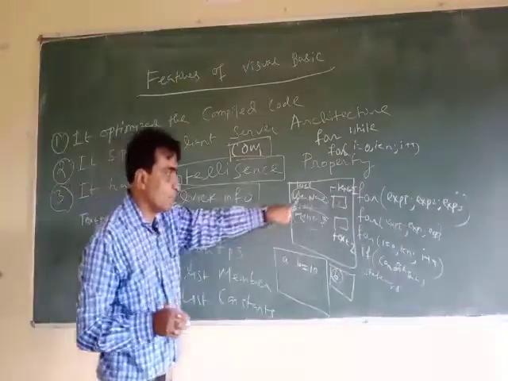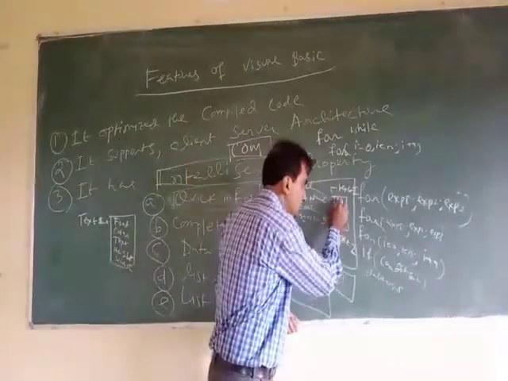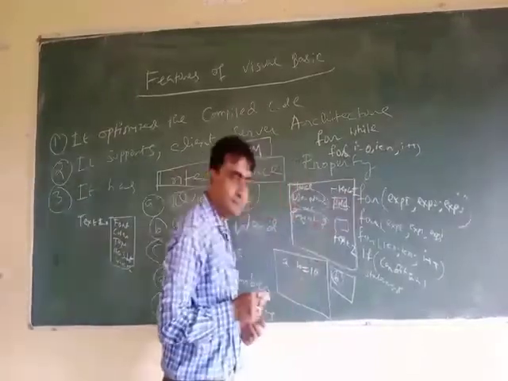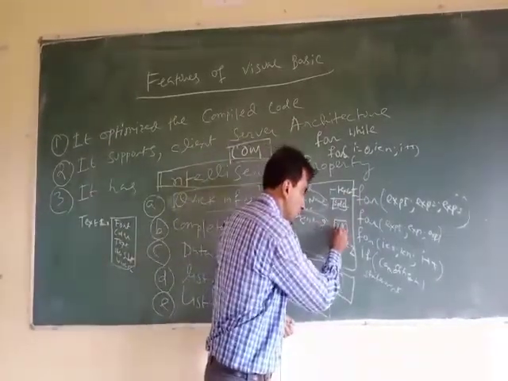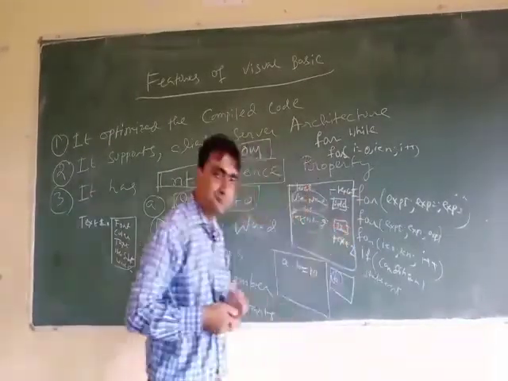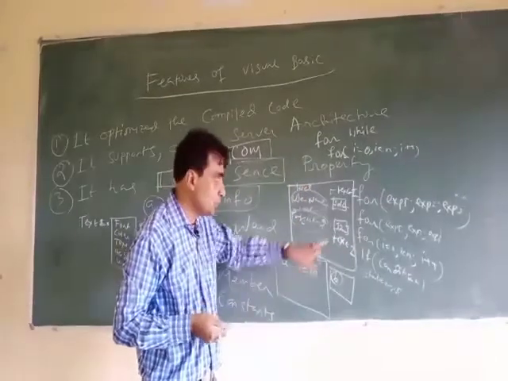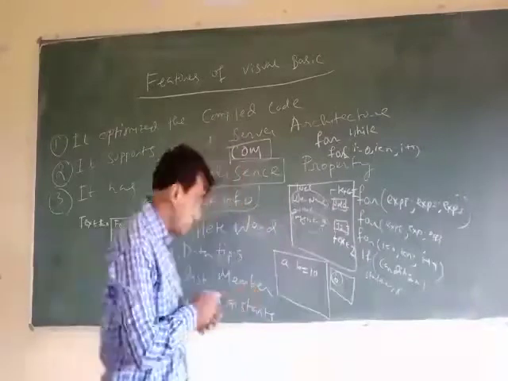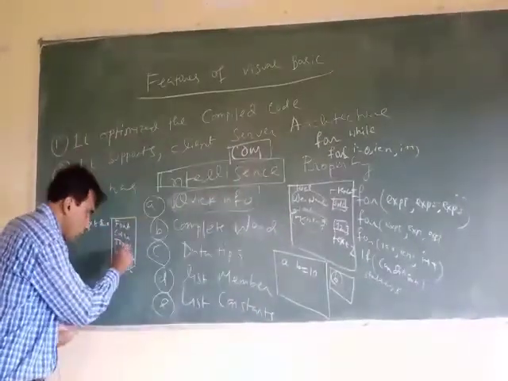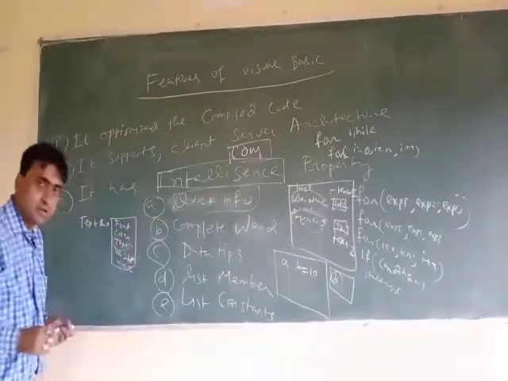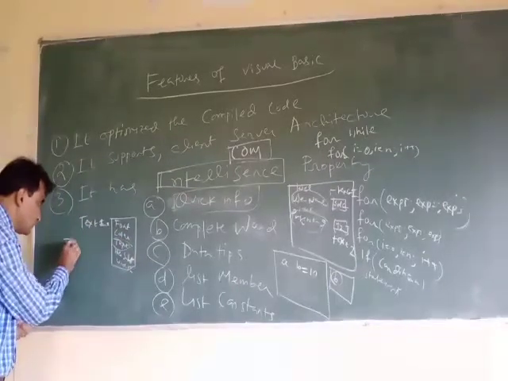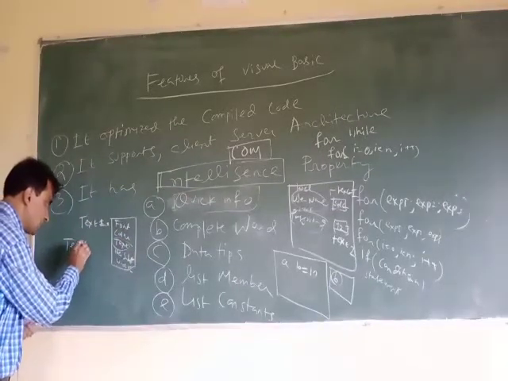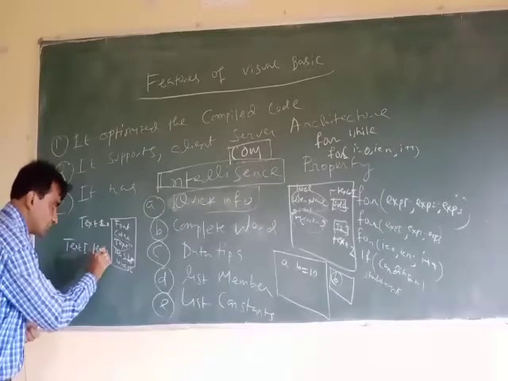See, here the username is there. Suppose the username is SDC. The password is what? Suppose 123. Now what is this SDC? What is 123? It is text. So out of all these members, which one will we select? Text. So it becomes Text1.Text. Why?